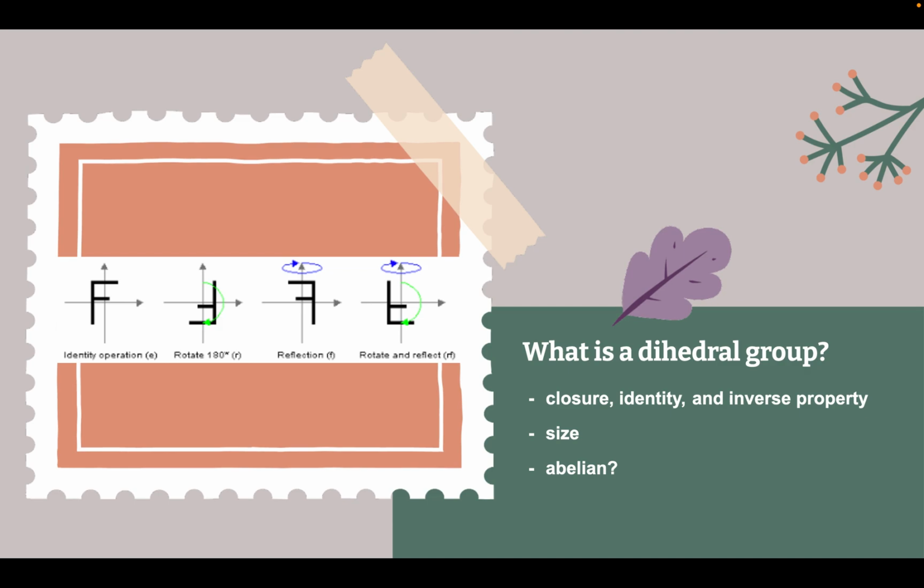Then what was really important for us was to find out if it was abelian or not. It is bad for the Uman's product property for a group to be abelian, so we wanted to make sure this was not the case. We did this using the equation fh is equal to h inverse f.